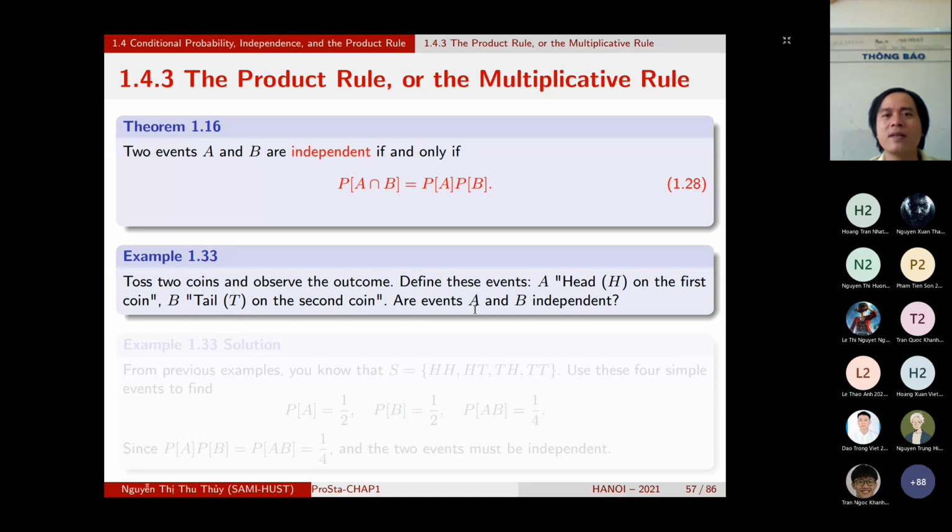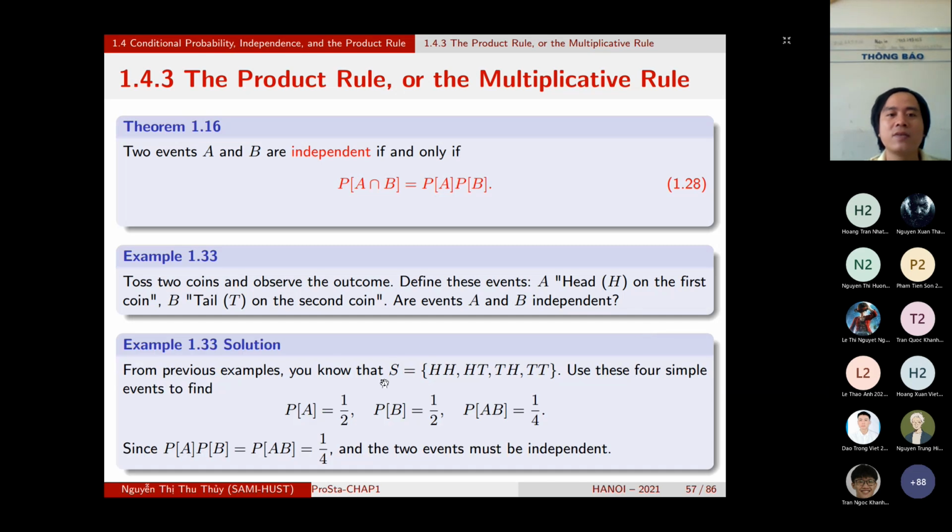We will see whether A and B are independent or dependent. The sample space is HH, that means head for the first toss and head for the second toss, or HT, head for the first toss and tail for the second toss, or TH or TT. We have 4 different outcomes. Now we consider P(A) and P(B).